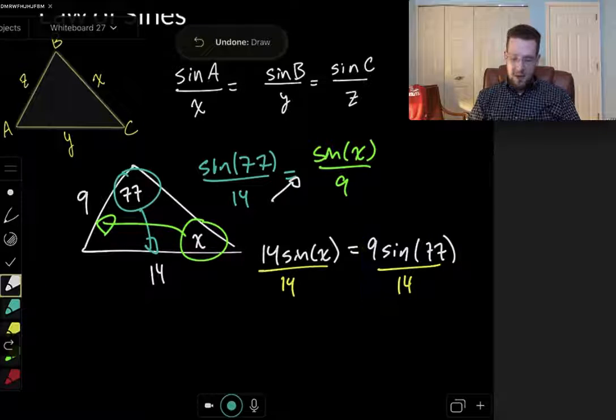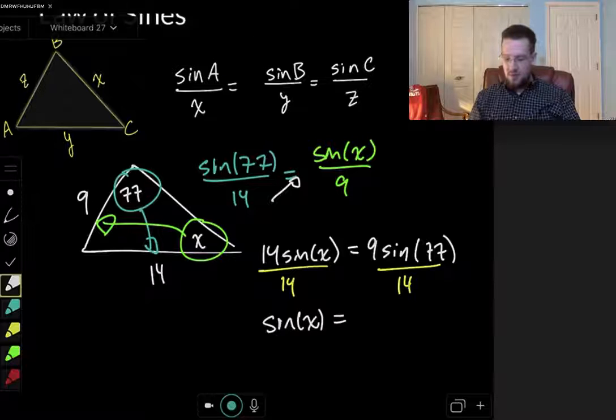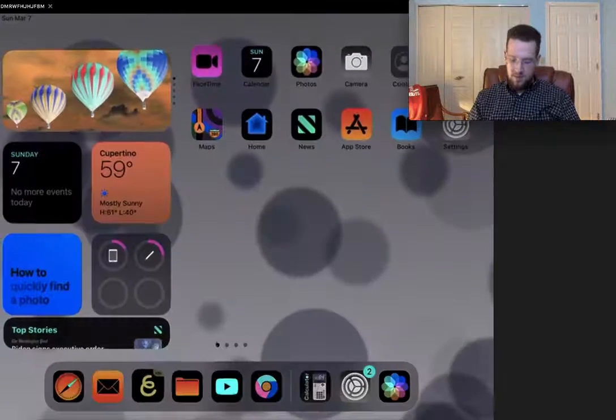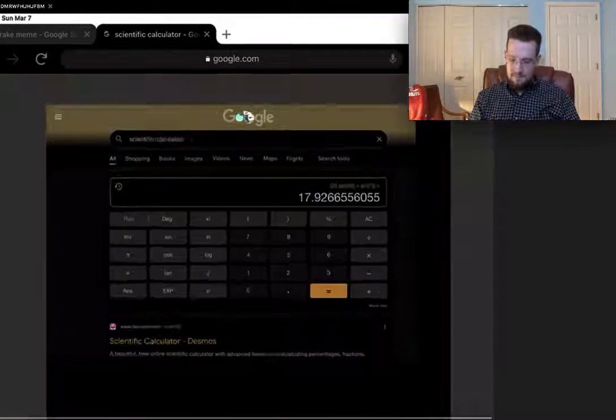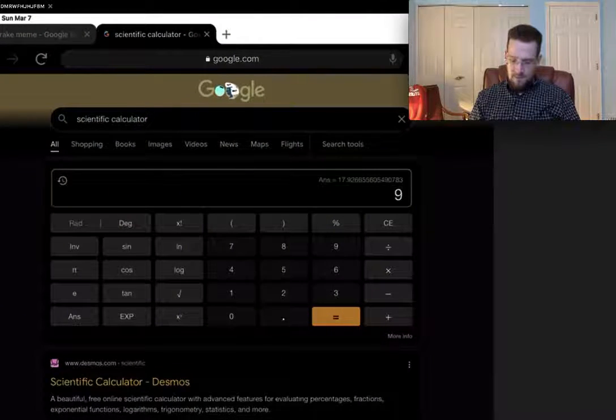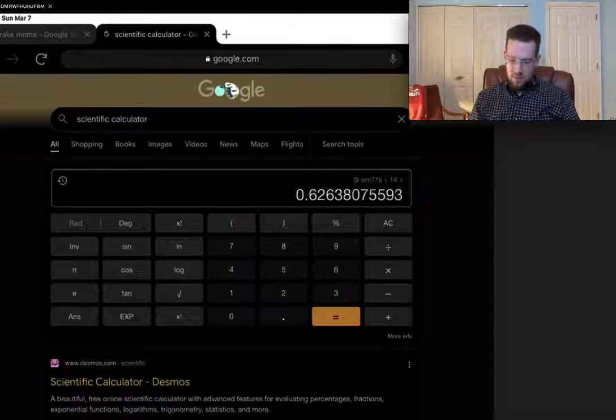So the sine of x is equal to some decimal number, 9 sine 77 divided by 14. Oh, wait, I got to do parentheses. 9 sine 77 divided by 14. Enter.